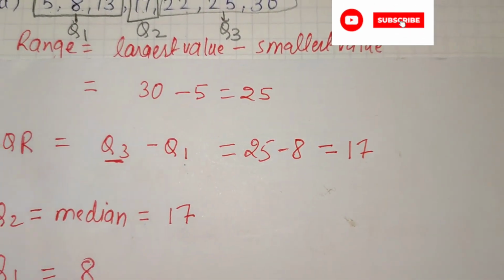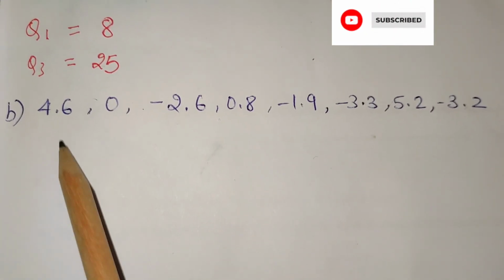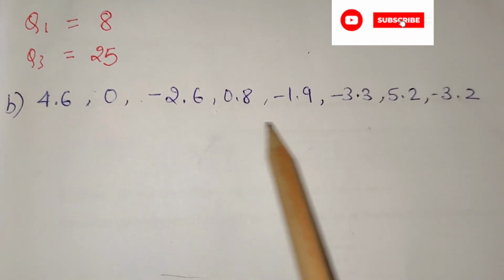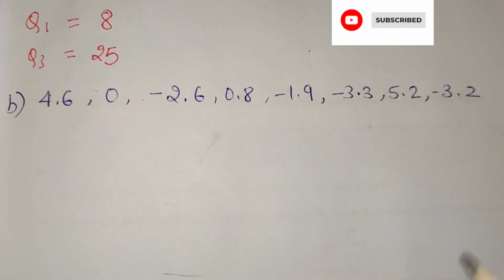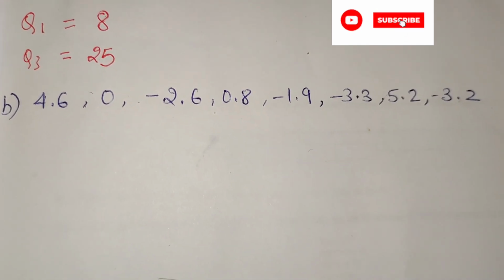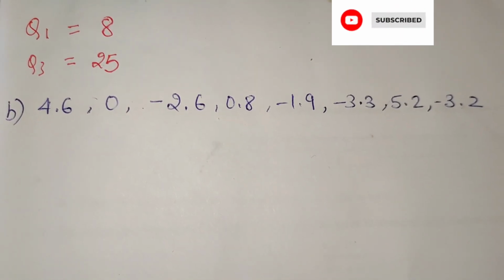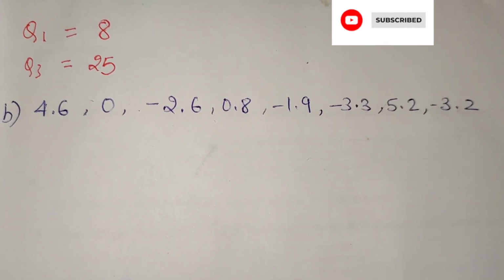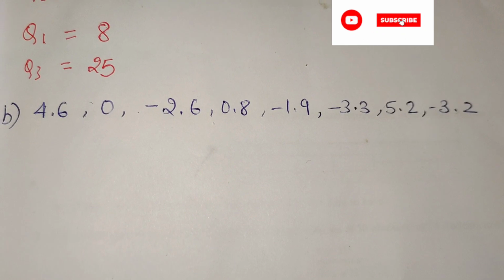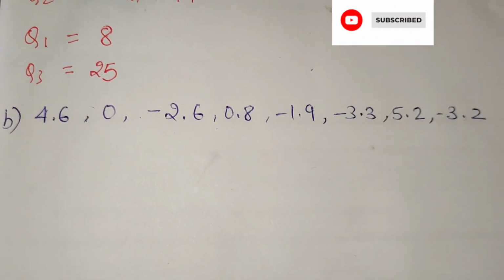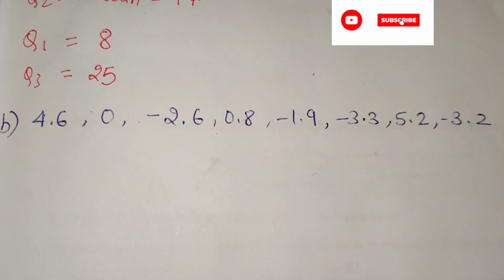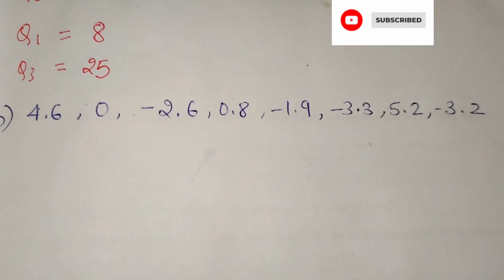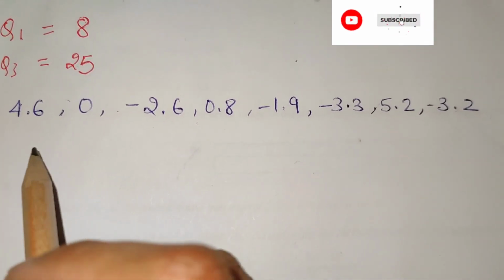So that's my IQR. Now we have another set of data that is not arranged in ascending or descending order, so let's first arrange it in ascending order. The question is the same, we have to find the range and interquartile range. Whenever you have to find the interquartile range for discrete ungrouped data, we always start by arranging it in ascending order. That is a better way.